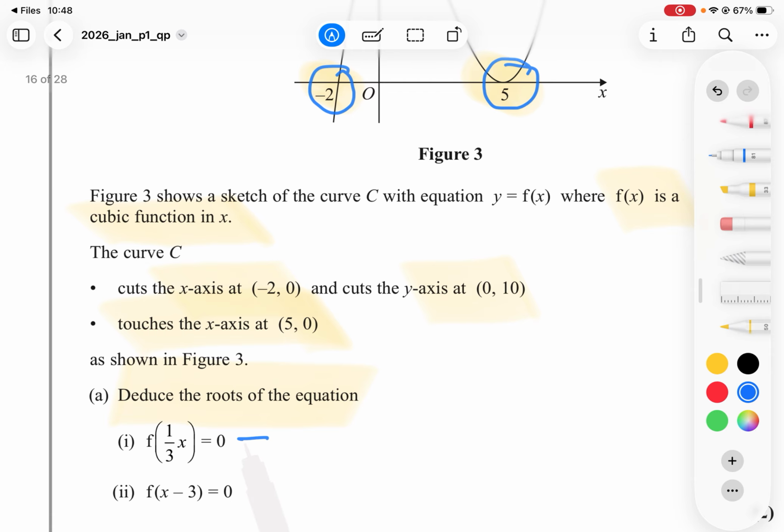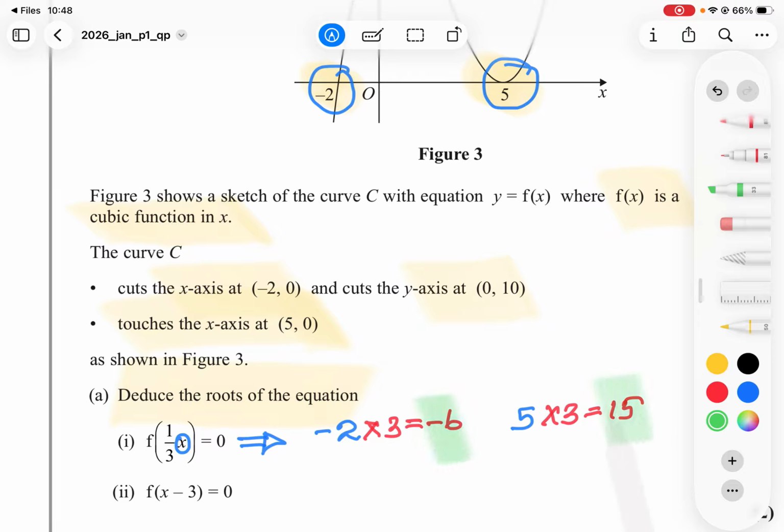To deduce the roots, the x value we have to multiply by 3, because it is divided by 3, so what we are doing is the multiplication. So we times the two roots by 3. Now it is 15, and here -6. So these are the two answers, this value and this value.